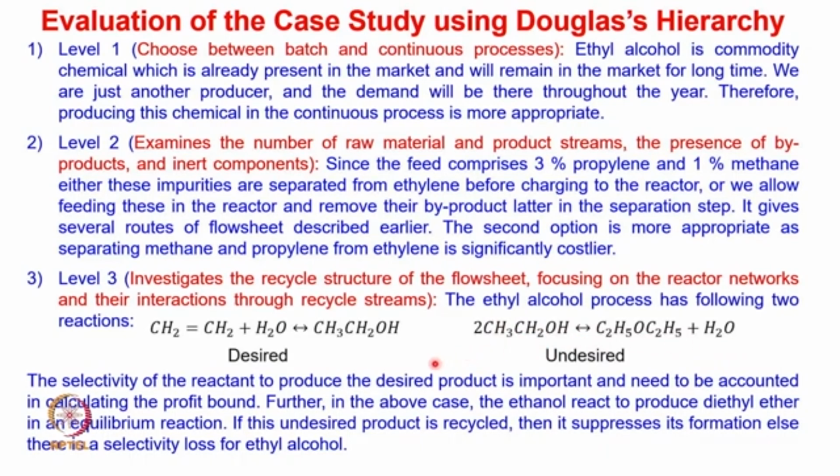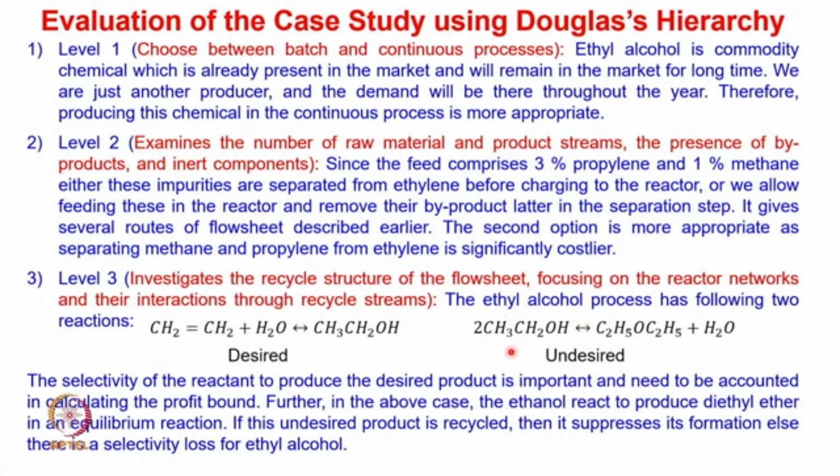So you can see that the selectivity is a very important point here, primarily because if we let this undesired reaction occur, in that case some of the ethylene will be used for producing the diethyl ether. So the selectivity is going to be different, and based on the selectivity we have to again calculate the profit one more time, and we have to see whether the obtained profit with this selectivity is actually beneficial or not.